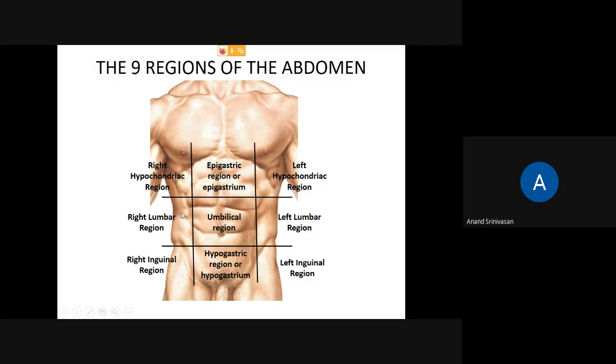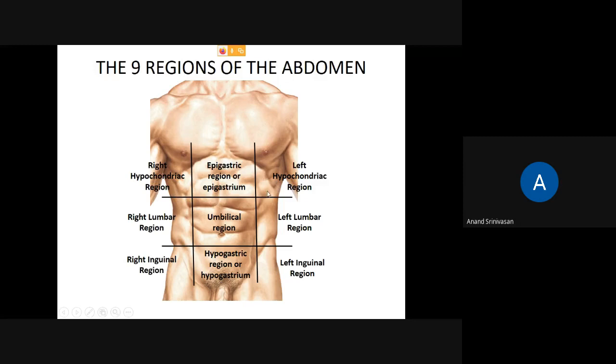Now coming to the lateral regions. The upper part is called the hypochondriac region, the right and left hypochondriac regions, because they are located below the ribs. Chondral, you know, means cartilage. So they are located below the cartilage.